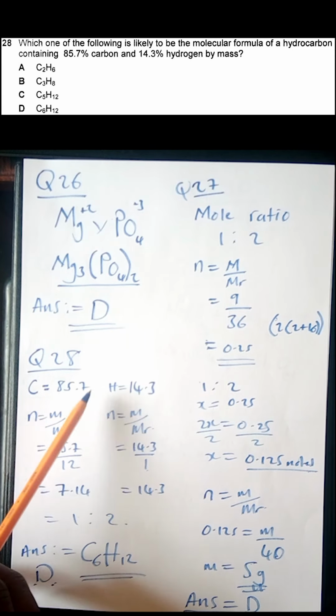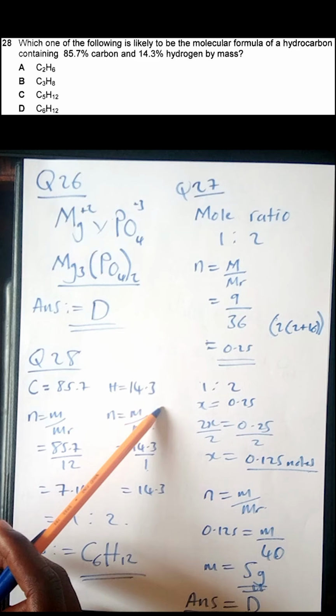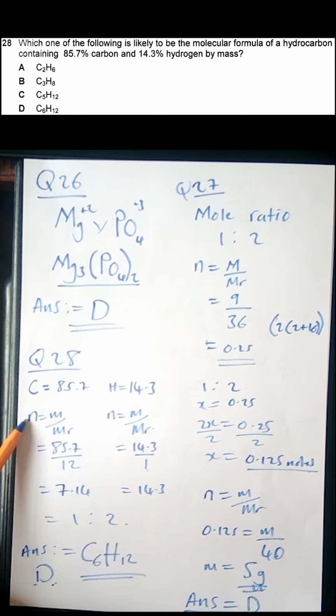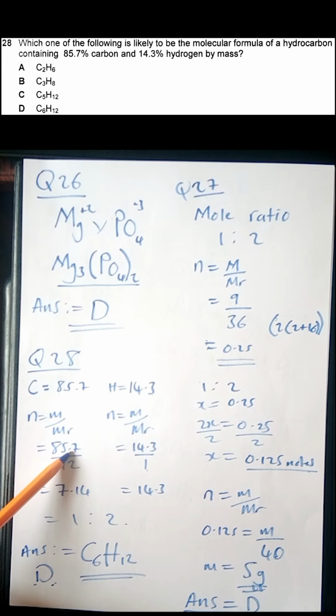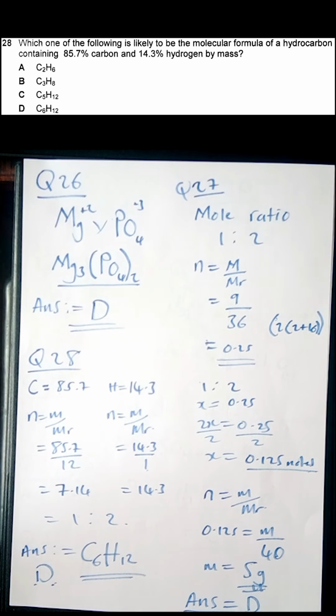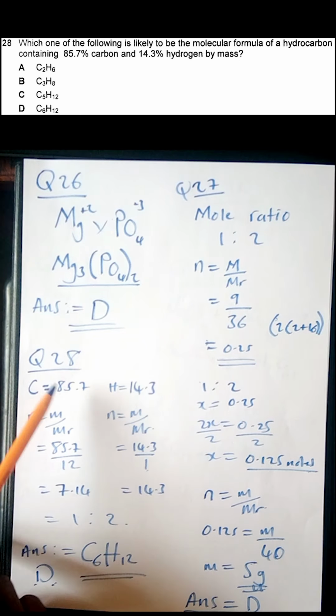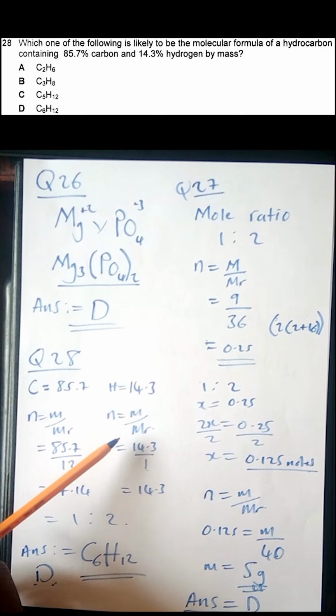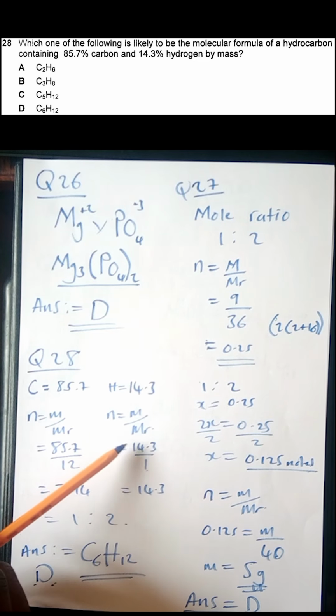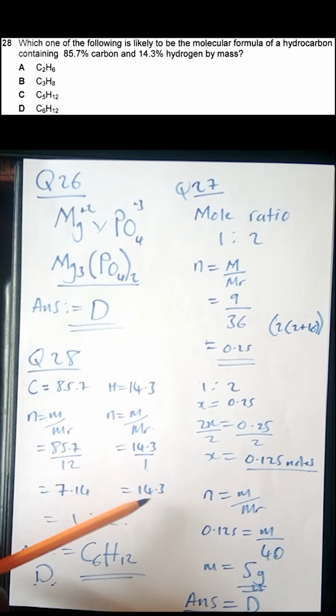So carbon 85.7, hydrogen 14.3. How do we find the number of moles? Number of moles is equal to mass over molar mass. Mass of carbon 85.7. Molar mass of carbon 12. We divide, we get 7.14, the number of moles for carbon. We come to hydrogen. Number of moles, mass over molar mass. Mass 14.3. Molar mass 1. We divide, we get 14.3.